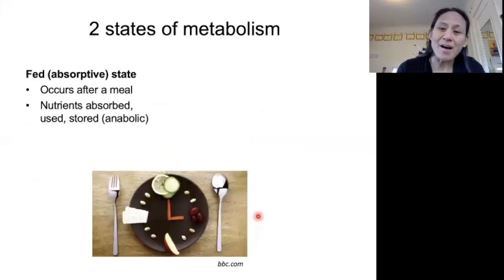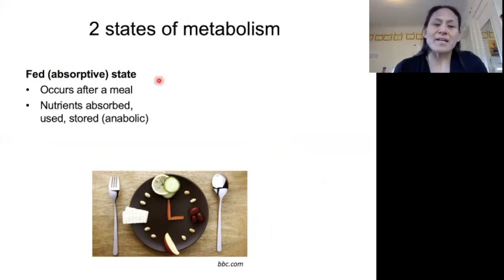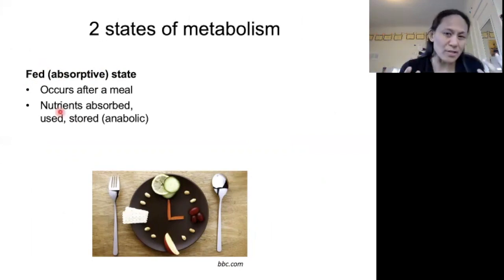At any given time, our body can be described as being in either of two main metabolic states. The first of those states is the fed state, or the absorptive state. The absorptive state happens after a meal. Basically, it's after we've been fed. We have a bunch of nutrients available in our bodies, in our bloodstreams.